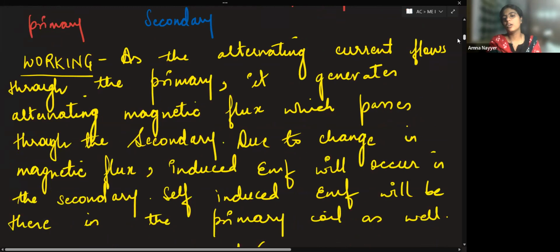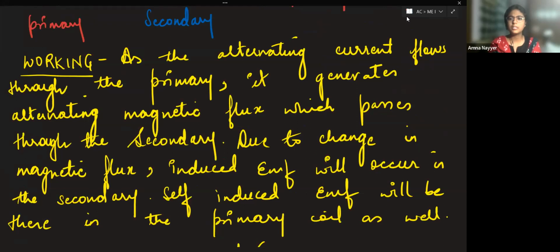Now, the working of a transformer. This is just simple mutual induction, that's why this part will be covered fast. Whatever you know about mutual induction, write it for the working as well. As the alternating current flows through the primary coil, it generates alternating magnetic flux.